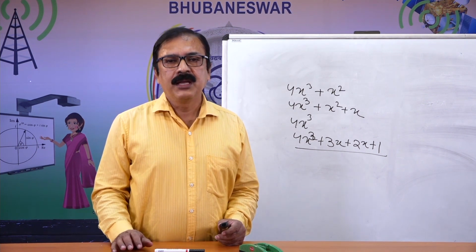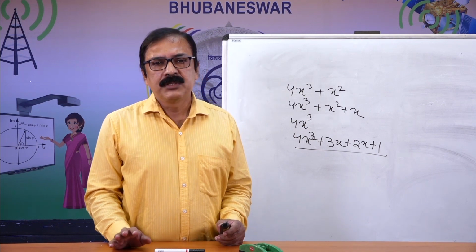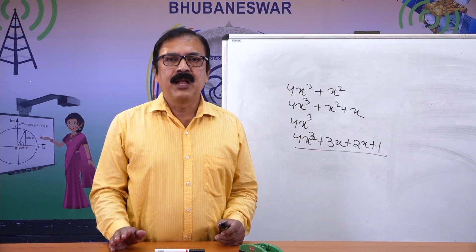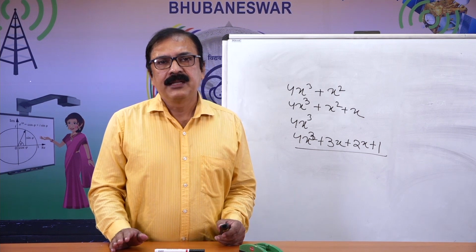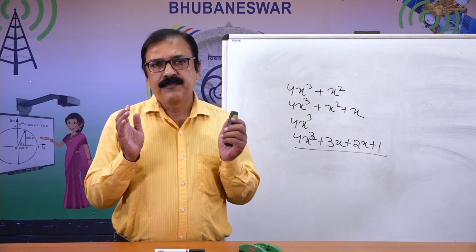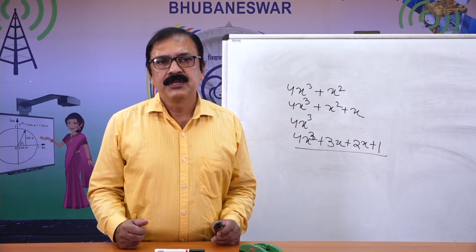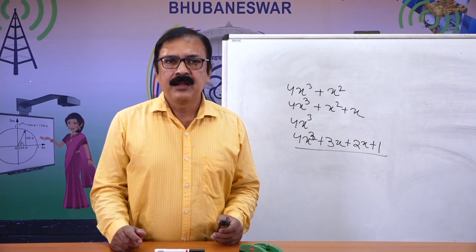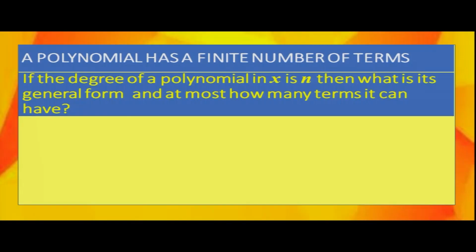Now you see the number of terms in all these polynomials is finite. That means we have a finite number of terms in any polynomial. Say that number of terms is n. As we considered in the cubic, the maximum number of terms is 4.